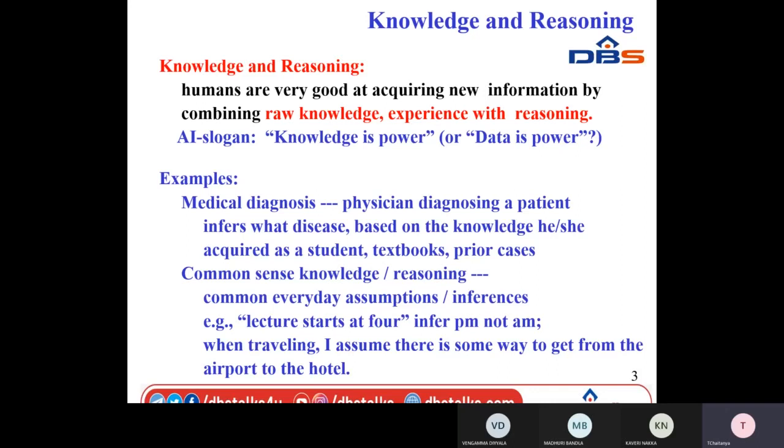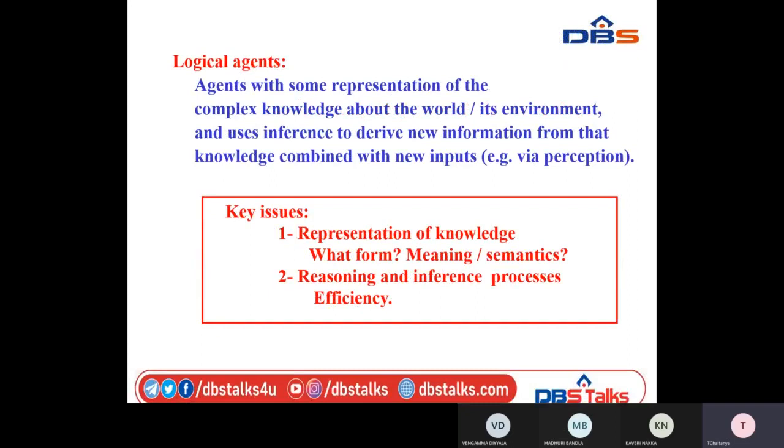For example, a physician's diagnosis. If you go to a doctor, the physician gets the information based on prior knowledge, the knowledge studied when he was a student, and his previous experience, which helps him recognize the diagnosis. A logical agent, by definition, is an agent with some representation of complex knowledge about the world and its environment, which uses inferences to derive new information from that knowledge, combined with new inputs.